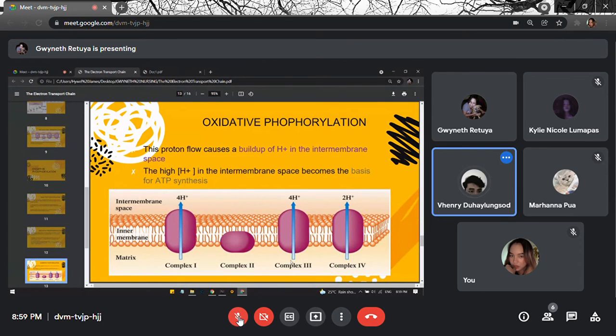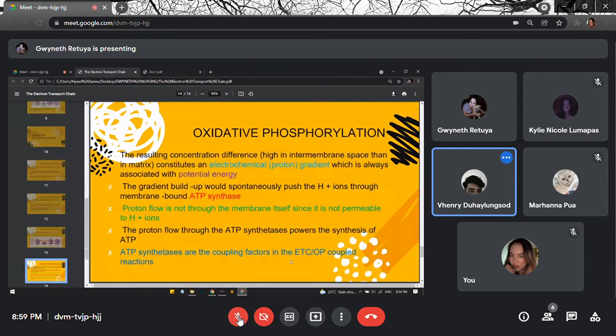So next. The resulting concentration difference, higher in the intermembrane space than in the matrix, constitutes an electrochemical proton gradient, which is always associated with potential energy.